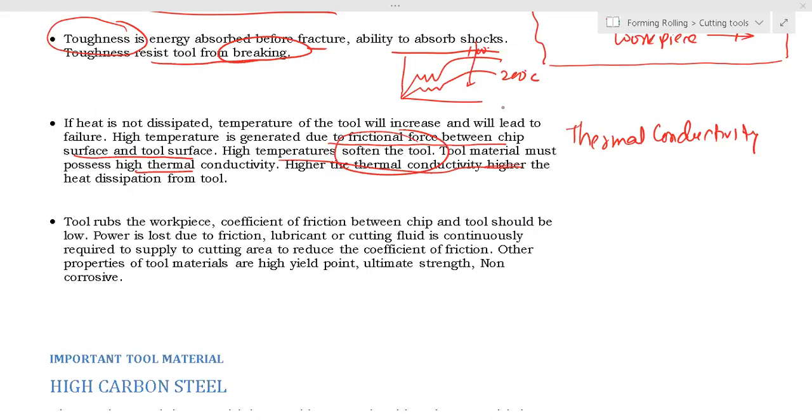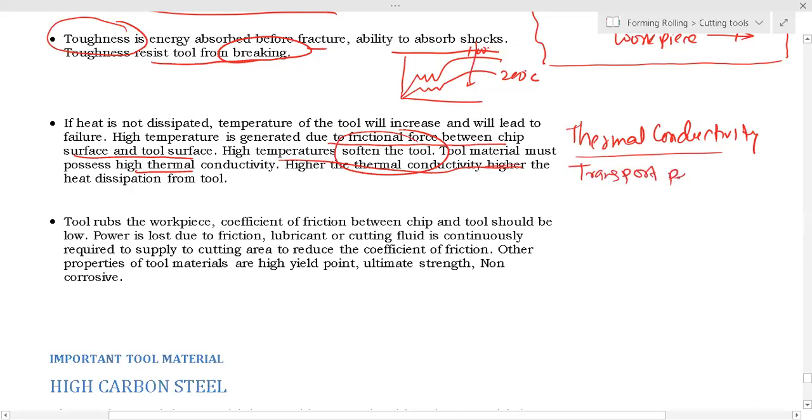So thermal conductivity is a transport property, a heat transport property of the material. You have one called heat capacity, and the other called thermal conductivity.